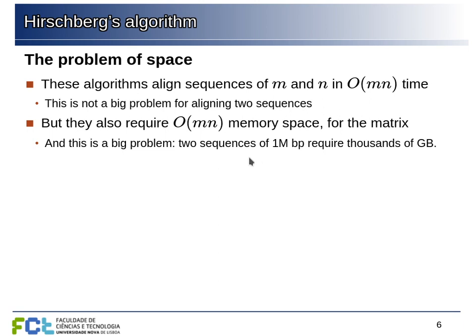The big problem is that building this matrix also requires this amount of memory space. So we need m by n cells on the matrix. Each cell may take several bytes of memory, but in any case, if we have 2 sequences of around 1 million base pairs, for example, 1 million nucleotides, then we would need thousands of gigabytes just to hold that matrix in memory.